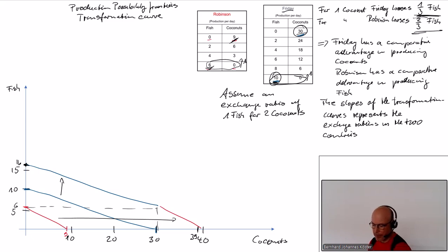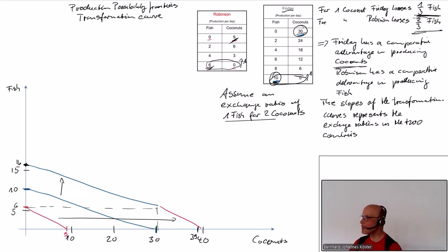Well, Friday has the comparative advantage in producing coconuts. So he has the coconuts. If he wants to have a fish, then he loses 3 coconuts. So if he has already produced the coconuts and there is another guy, Robinson, who sells to him 1 fish for only 2 coconuts, then he is happy.